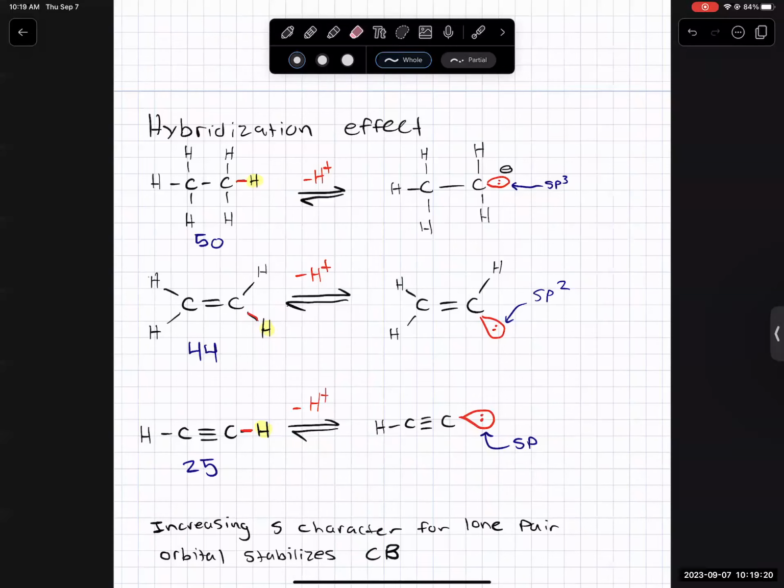And SP3 has an S character of 25%, because you can think of it as one S and three P's. So it's 25% S, 75% P, because it has the three P orbitals hybridized. Because it has the least amount of S, it's the most unstable, which means it's the strongest base, which means it came from the weakest acid, which is shown with a pKa of 50.